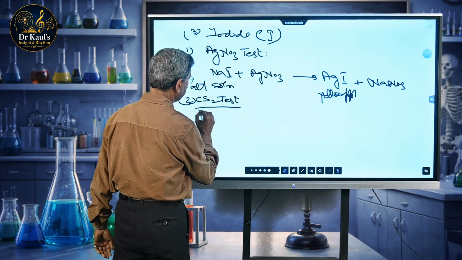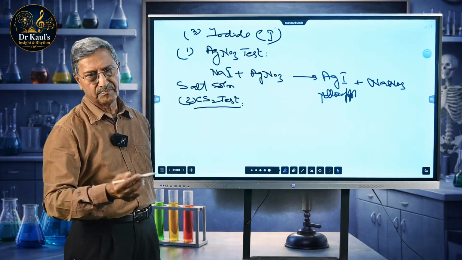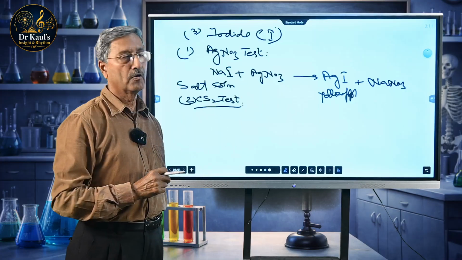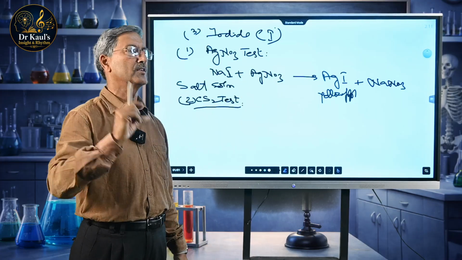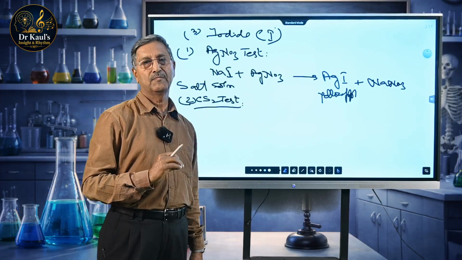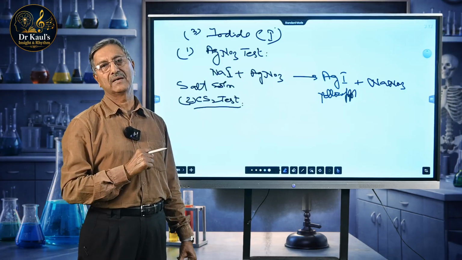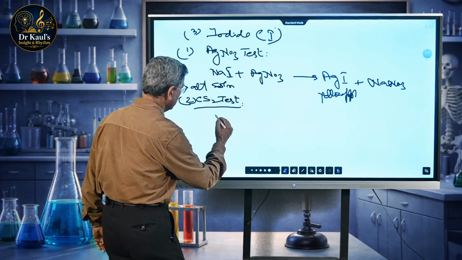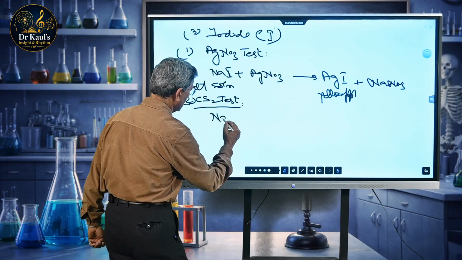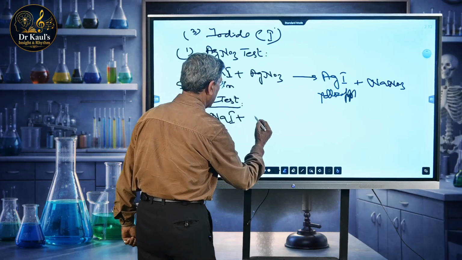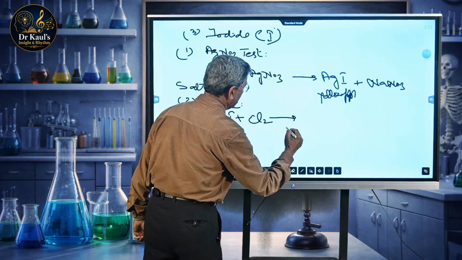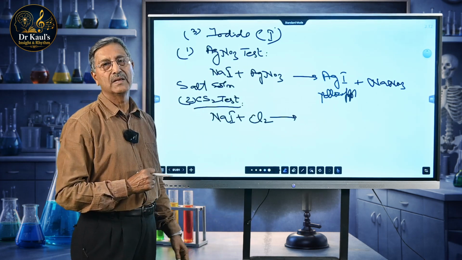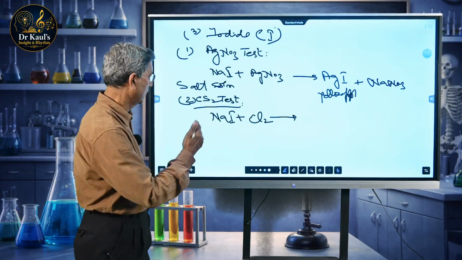Same procedure. To the salt solution, we add about a milliliter of CS2 followed by a few drops of chlorine water, and we shake the solution. If we get a violet color in the organic layer, it indicates the presence of iodide. So again the same thing, we have got, say, sodium iodide, chlorine water, same thing, chlorine will oxidize iodide into iodine and itself will get reduced into chloride.